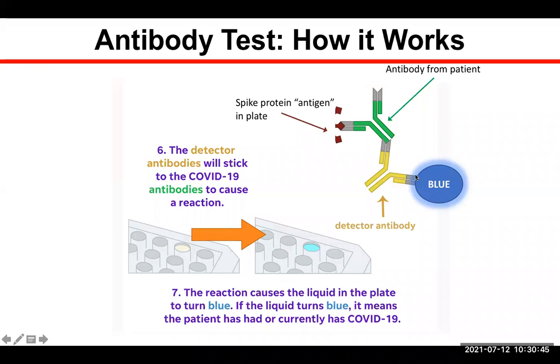A lot of the time, this molecule will change to a blue color after you add specific substrates that break this off and create some kind of light or color reaction. If there's a color reaction, that means there's positivity for your particular antibodies, and that means you previously had COVID.